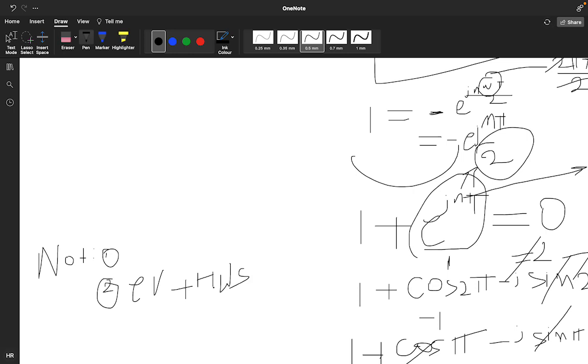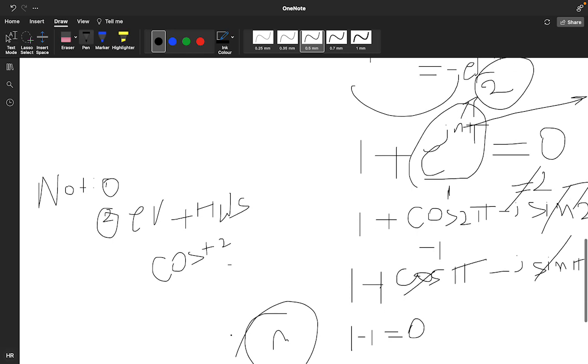So if you have an even signal plus half wave symmetric, what will happen? The result will contain only cos terms. So only cos terms you will get with odd harmonics only, means all n will be odd harmonics, like 1, 3, 5.